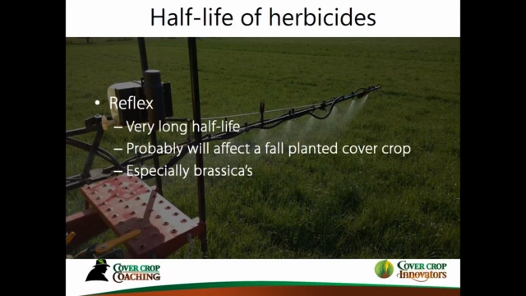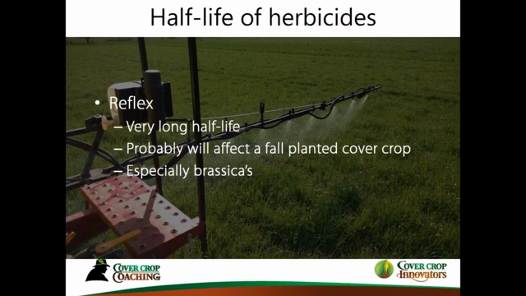Here's another example. I'm going to use the herbicide Reflex, which has kind of been brought back to life because of the amount of resistant weeds that are showing up. Reflex is an old soybean herbicide, at least 20 years old, but it's been brought back for soybeans, for resistant weeds that Roundup is not taking care of.